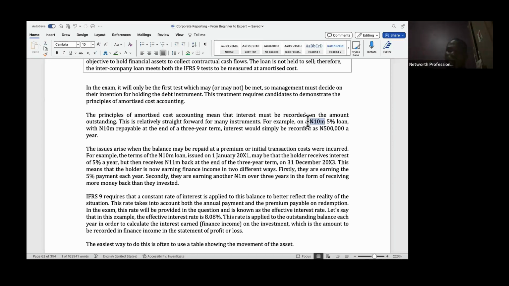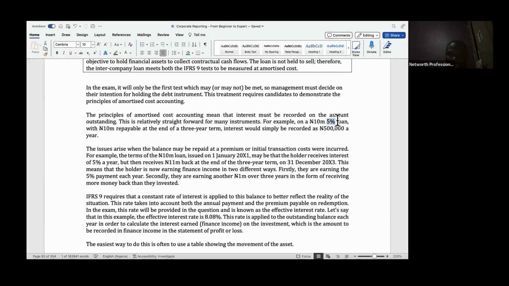And at the end of that first year, you just recognize this 5% as finance income in your P&L. The 5% is always calculated on the amount you lent the person, which the examiner will call the principal amount. So this rate is fixed every year. You always get 5% on the principal.